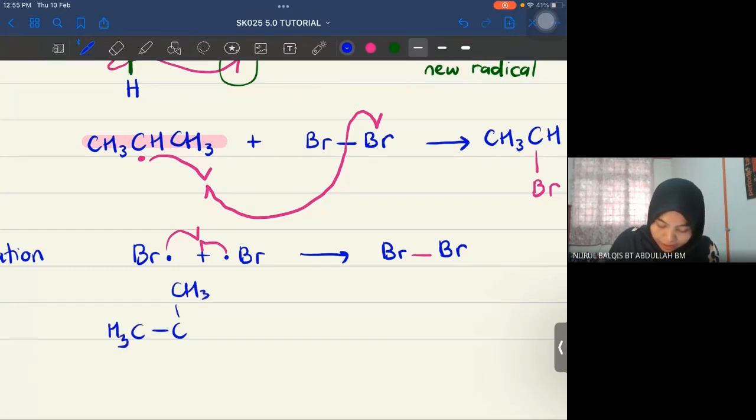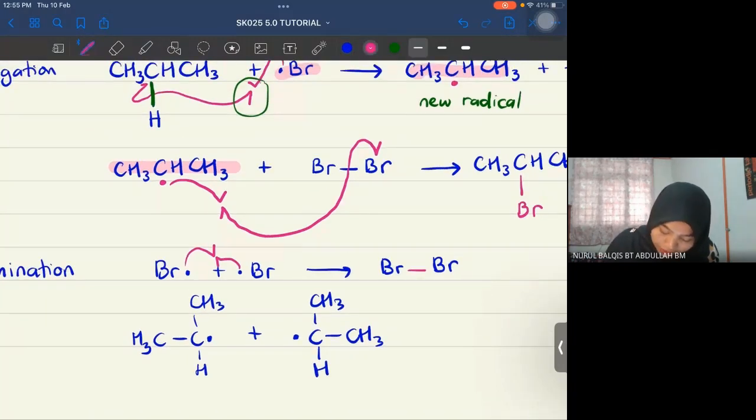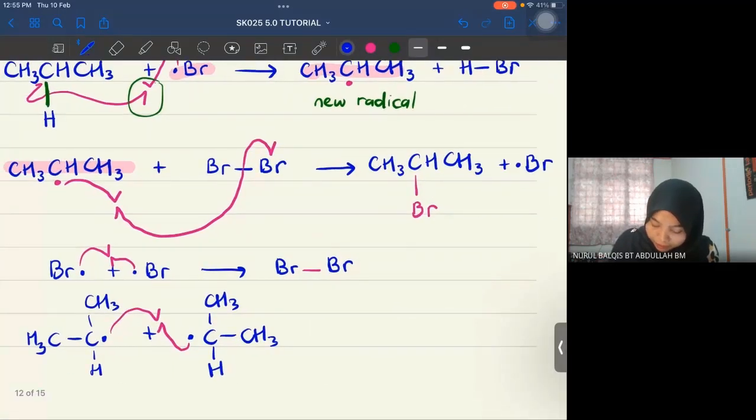Lepas tu kita ada H radical. Last with C radical, CH3, CH3, H, is it? So sekarang ni diorang akan pair up. Satu atas, satu bawah. So kita akan dapat a new bond between them.